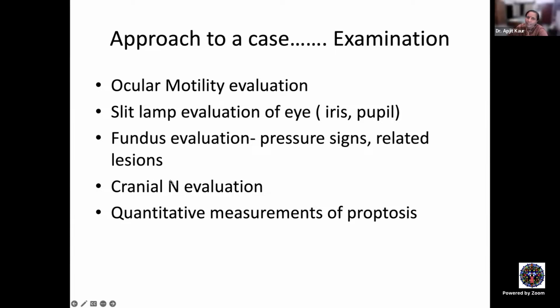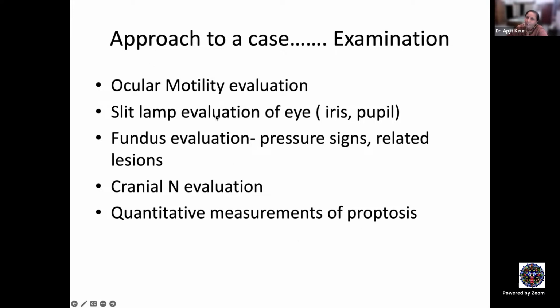How is the fifth tested? Sensations of the frontal, supraorbital, in 3 parts: in the forehead, on the eyeball, and in the region of the maxilla, right? And how is the 7th nerve tested? By eye closure. Then you have to do the quantitative measurements of the proptosis.